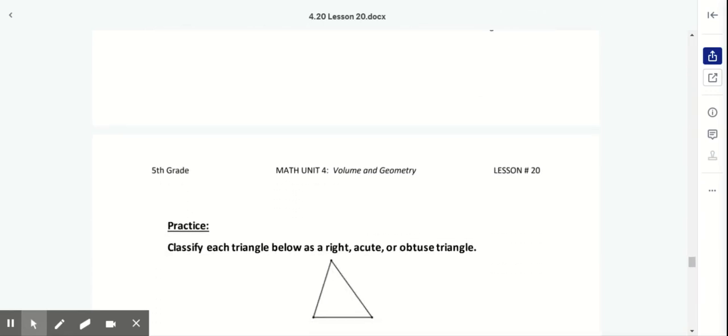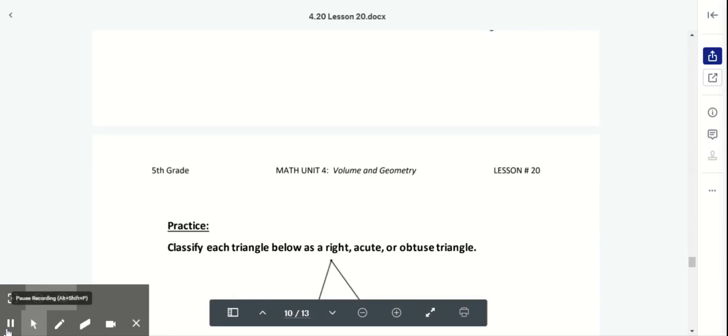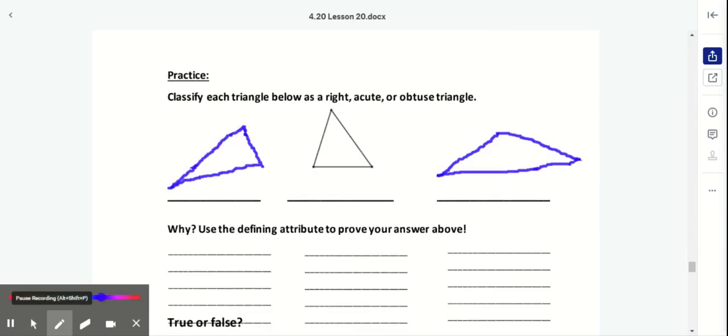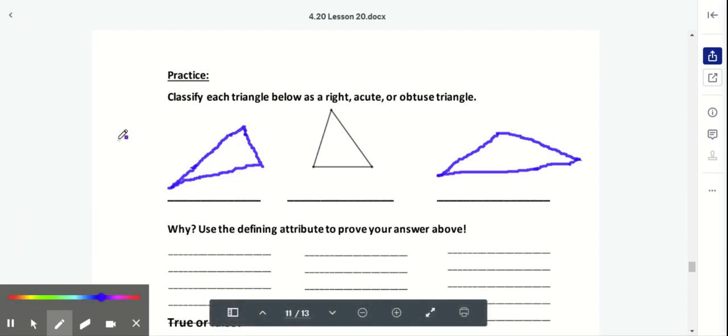Moving on to the rest of our practice. Classify each triangle below as a right, acute, or obtuse triangle. So we had some triangles missing, so I drew them in as best as I possibly could, so bear with me. Our first triangle, we notice that we have a right angle.